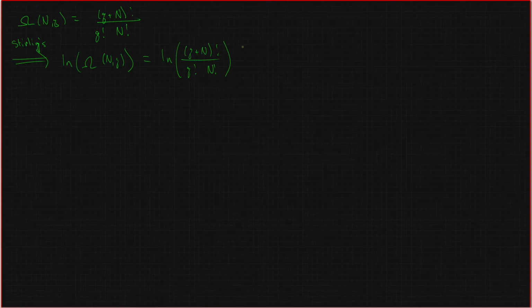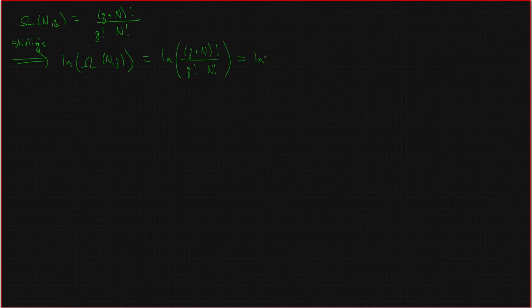Okay, now before we actually use Stirling's approximation, we're going to break this up just using the properties of the log. So we have this on top and this on bottom. We can just use the fact that multiplying and dividing inside of the argument is the same as adding and subtracting outside of the argument. So we'll break this up.